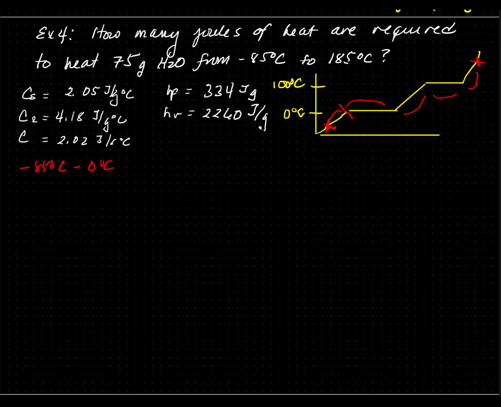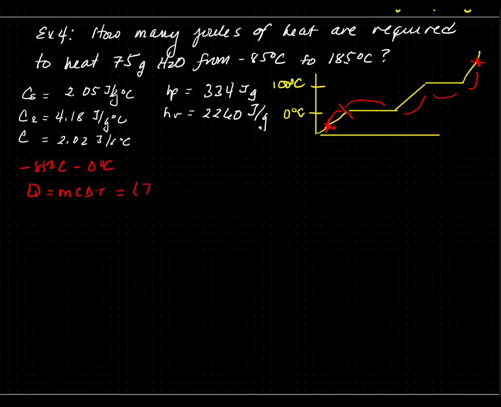Since negative 85 to 0 degrees Celsius, the water is at a solid state. Beyond 0 degrees Celsius, you will have both liquid and solid. Therefore, we can only use the first equation to 0 degrees Celsius. Since there's a temperature change, it's going to be Q is equal to MC delta T. And again, delta T is T final minus T initial.